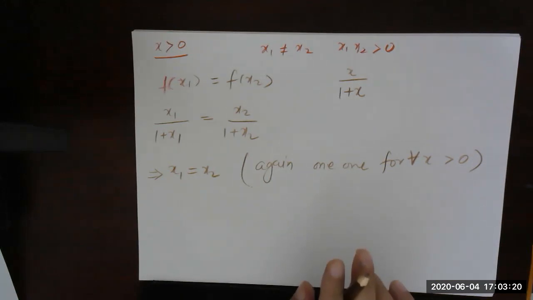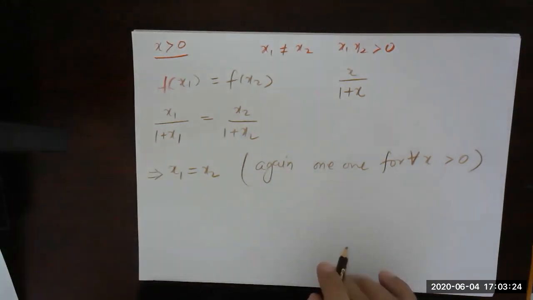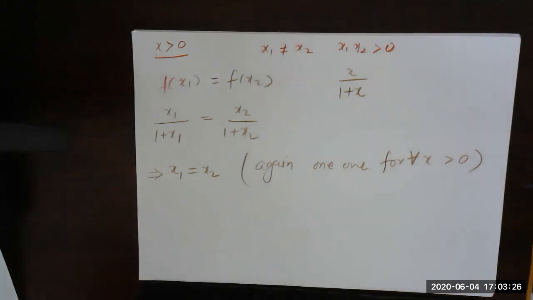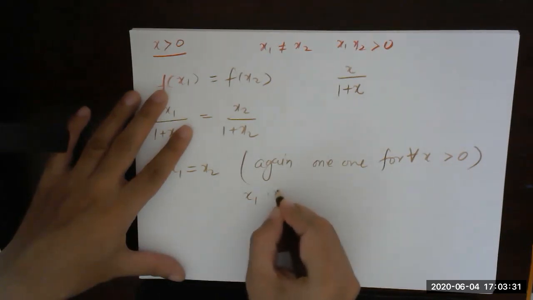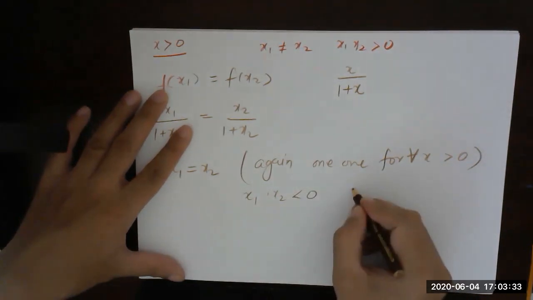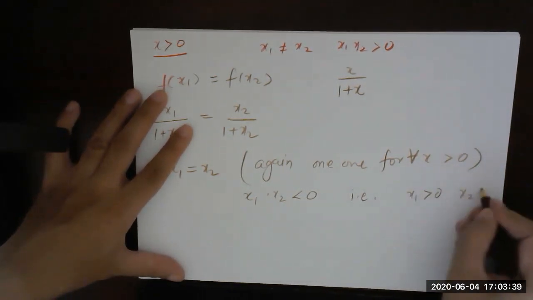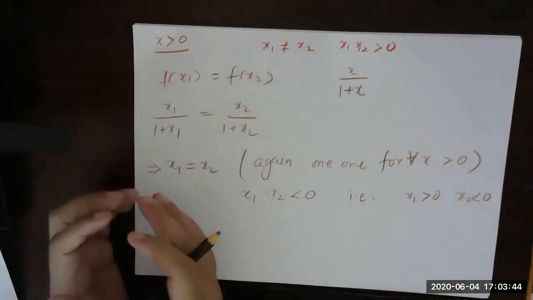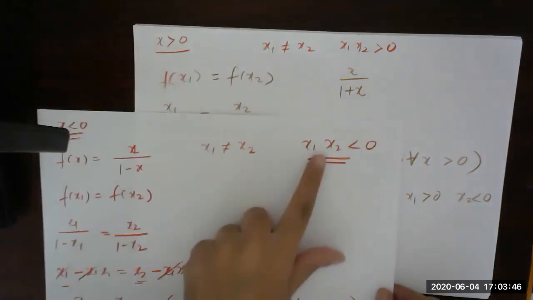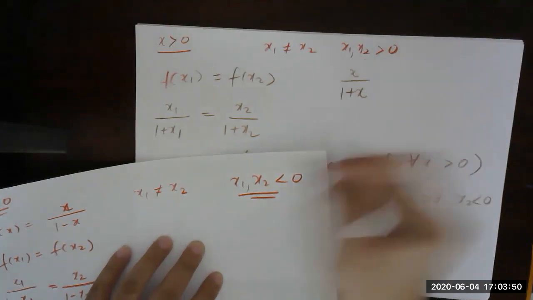Now the thing is, what happens when x1 and x2 are opposite in sign? What will happen when x1 and x2 are opposite in sign? So let's see. Like what I have done, I have taken both positive, I have taken both negative.